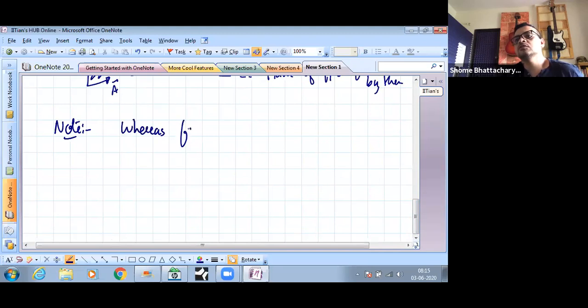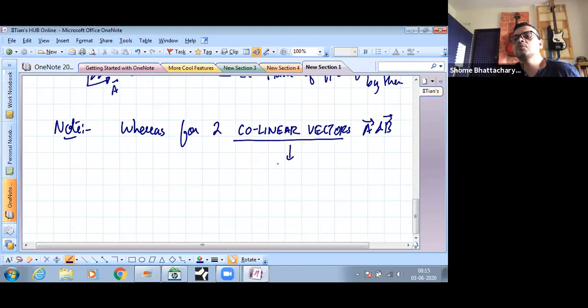Whereas for two collinear vectors A and B, suppose you're talking about two collinear vectors, that means they lie along a common line, or in other words, theta is either 0 or theta is 180.